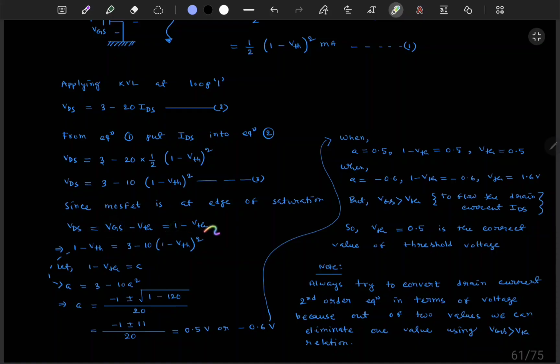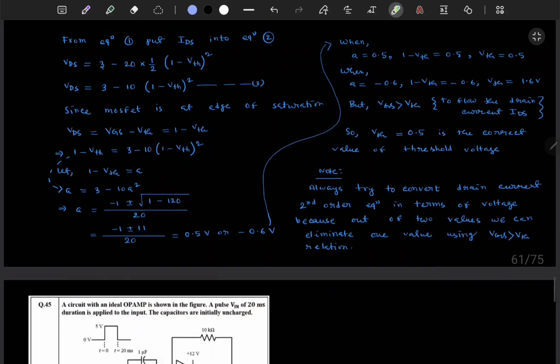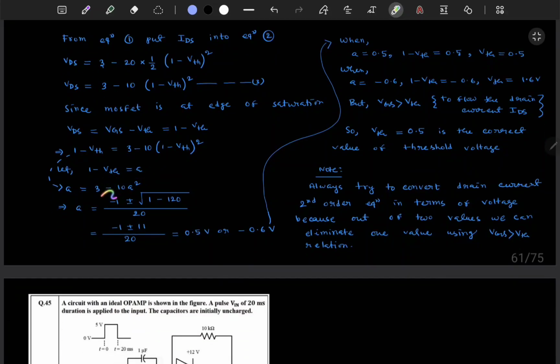So in place of VDS we write 1 minus VTH, and the equation will be this. We take 1 minus VTH as A for the simplification of this second order equation. So A will be minus B plus minus root over B square minus 4AC by 2A.